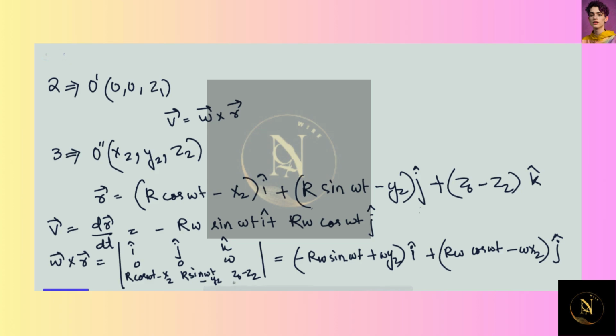Even though this component of r does not come into play because it's a constant, we have x2 and y2 playing their role in omega cross r. And now if you compare these two, the velocity vector and omega cross r vector, you'll find that v vector is not equal to omega cross r vector now. Therefore, for the off-axis origin, this relation does not hold.